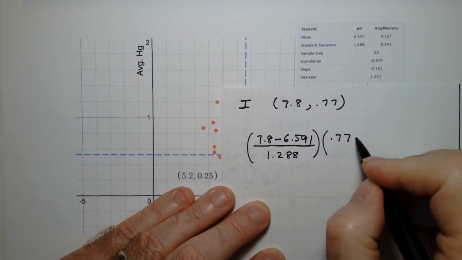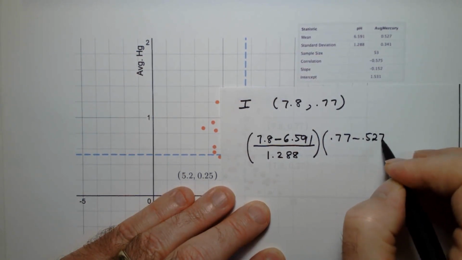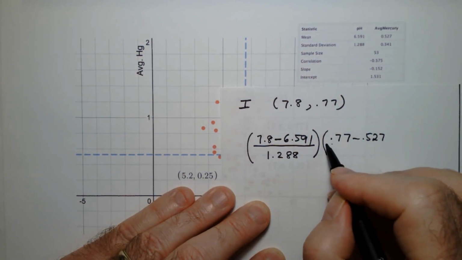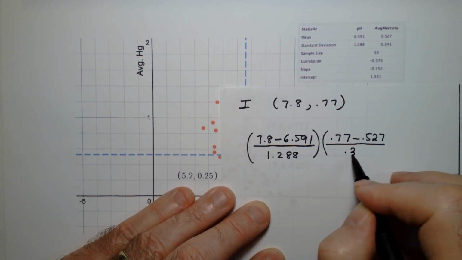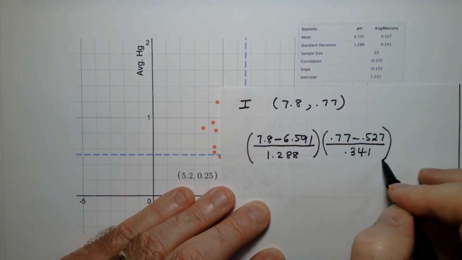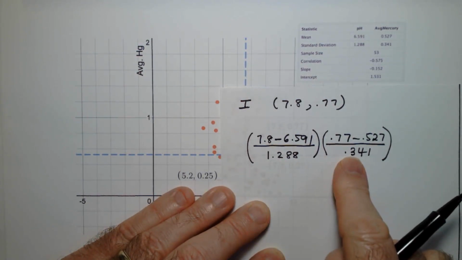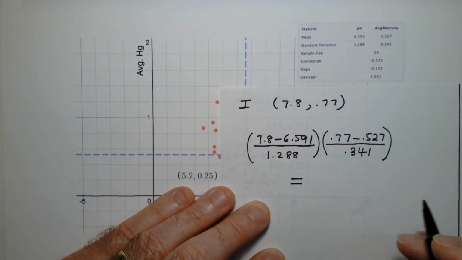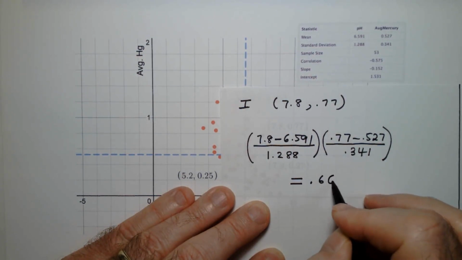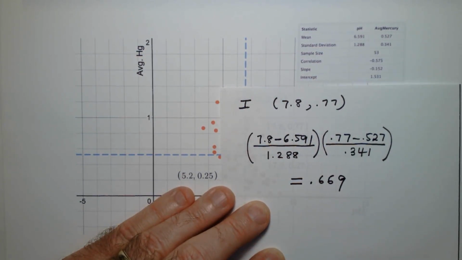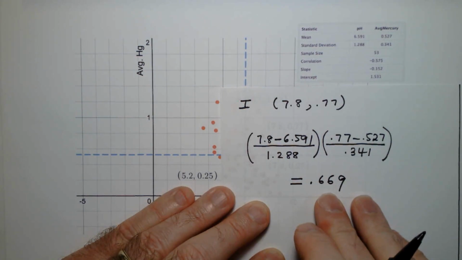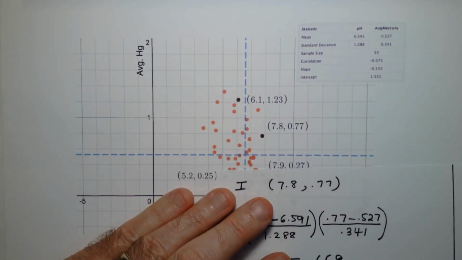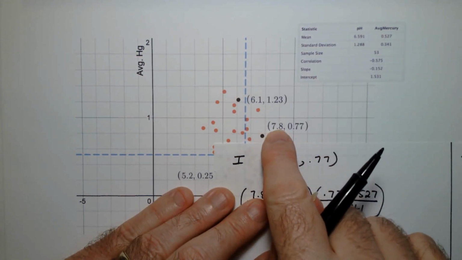So I subtract 0.527 and I divide by 0.341. Okay, after you work these out and form their product, this ends up being on the order of 0.669.